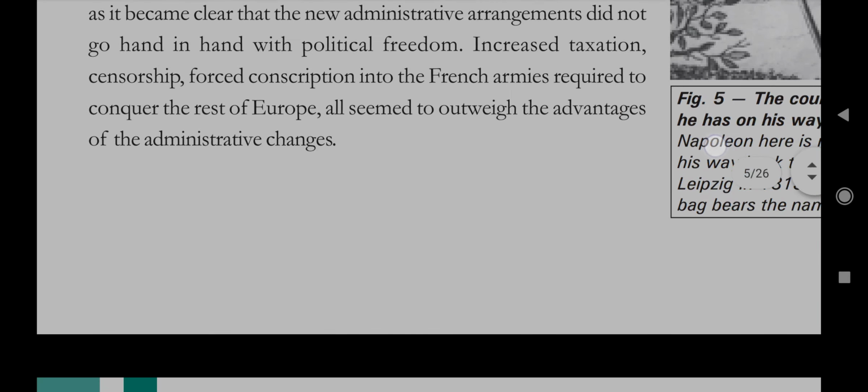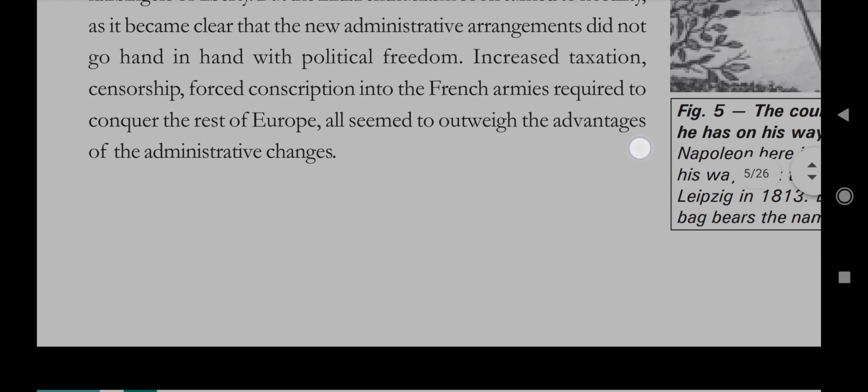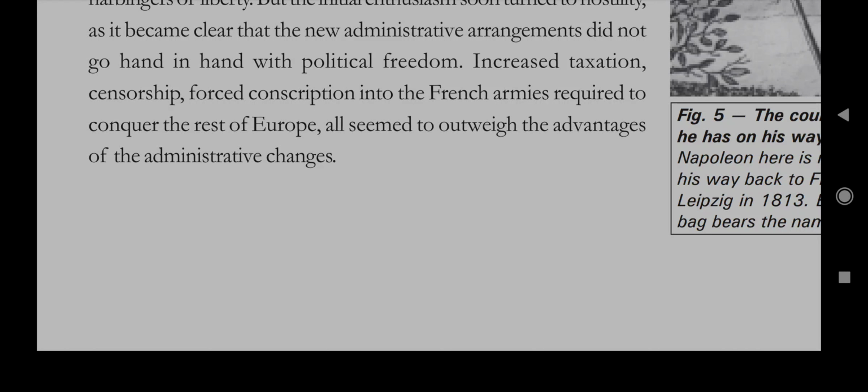Taxes were increased, so the people had to pay more. Censorship, so nobody could publish anything. And forced conscription into the army, that is recruitment forcefully. You had to get into the armies, forced on the people just to make their army big so that they could conquer the rest of Europe.